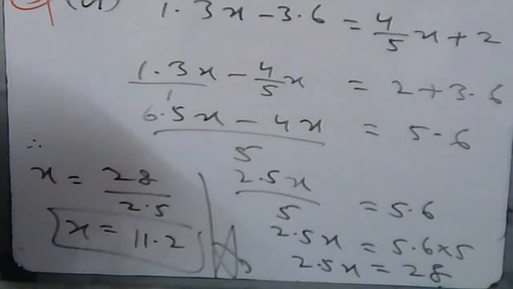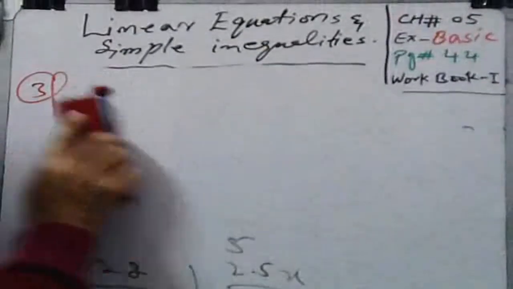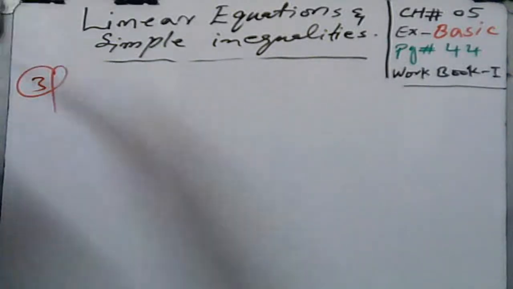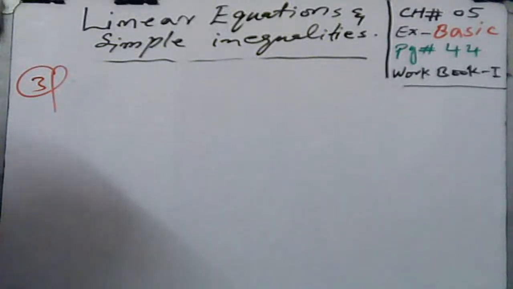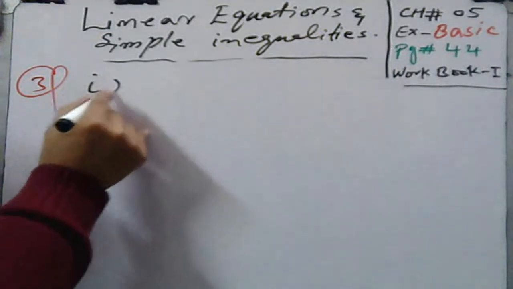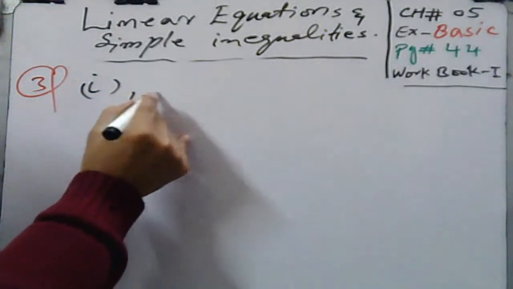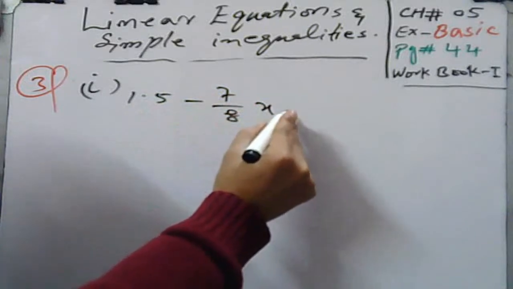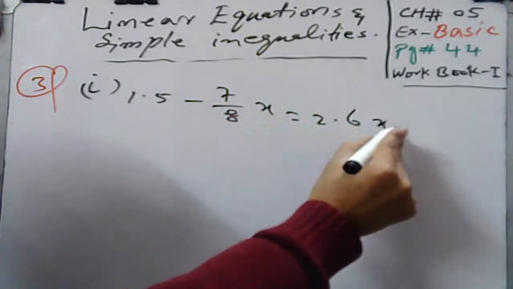Now the last part of this question, part I, that is 1.5 minus 7 by 8x is equal to 2.6x plus 1 by 5.